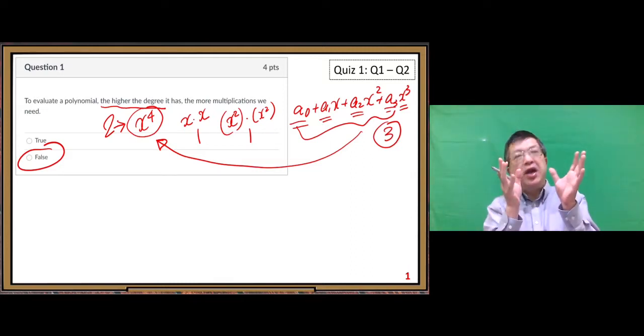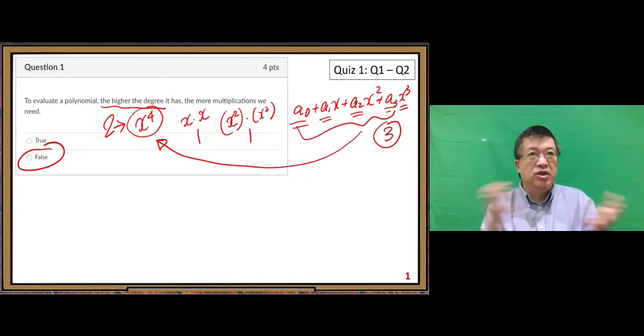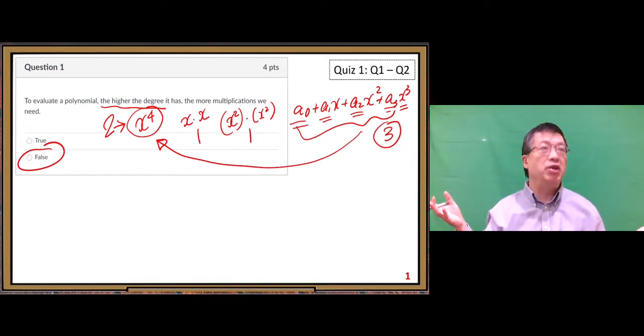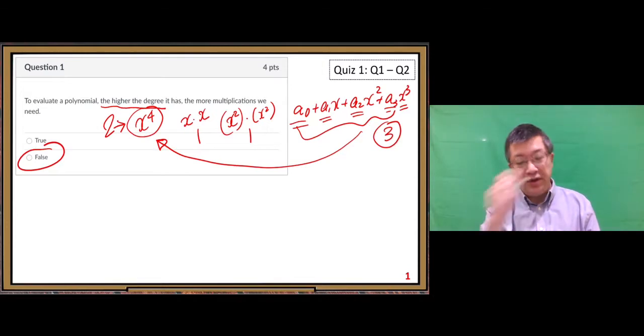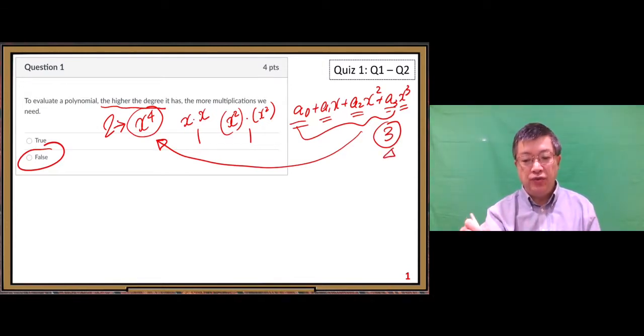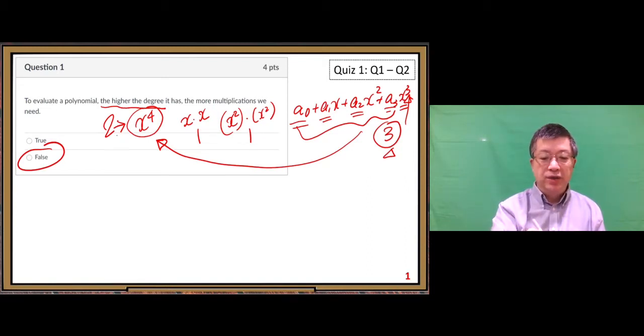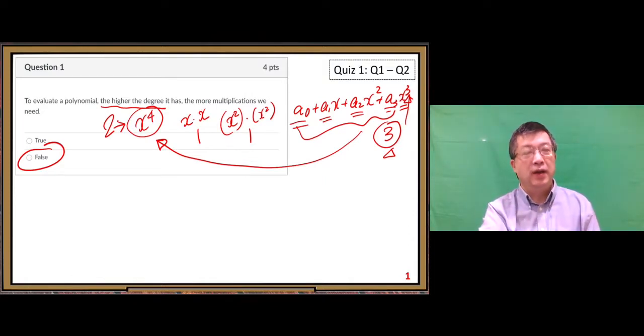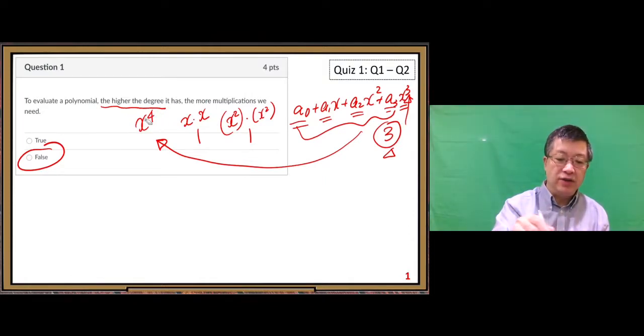For some special cases we may use special structure, but for the general case, how can you use it? So we can only use Horner's rule. Based on Horner's rule, the number of multiplications equals the degree, right? But 2 there and 3 here, that's the counterexample. Okay, so that is the first question.